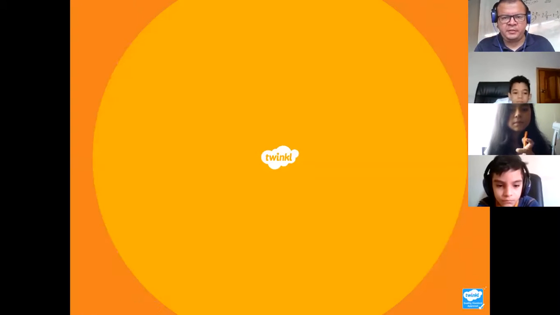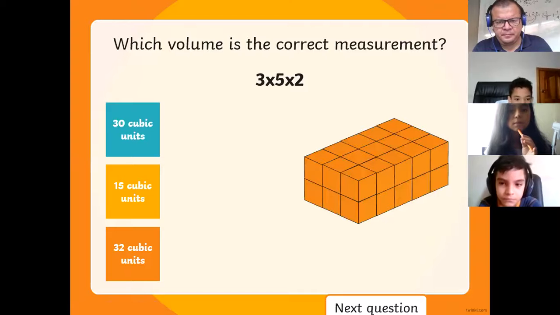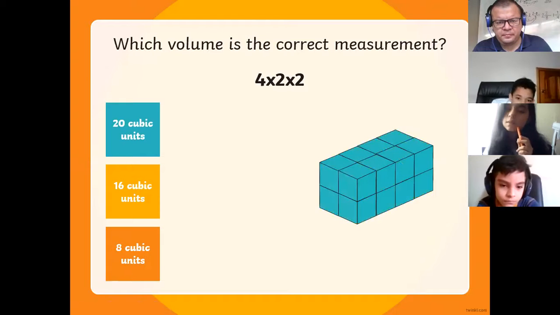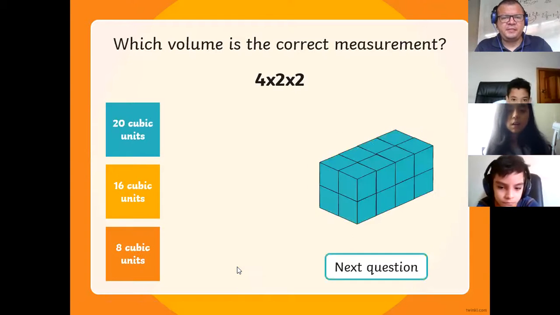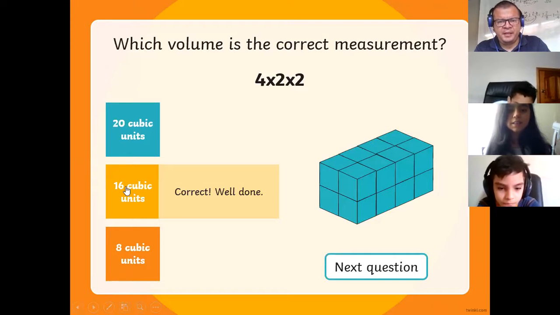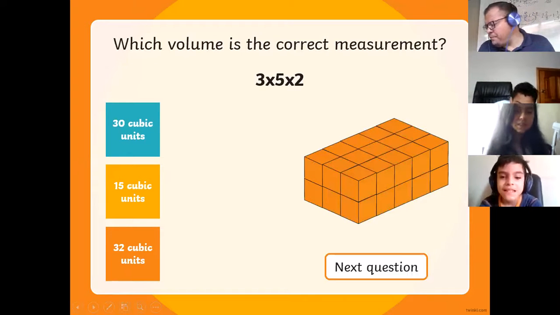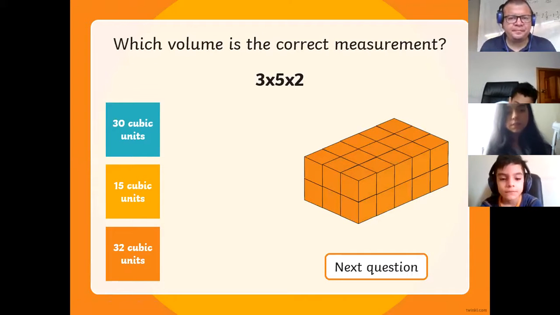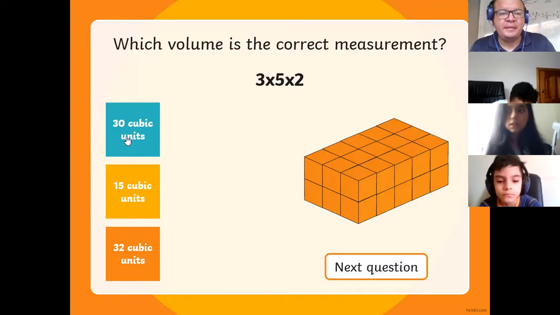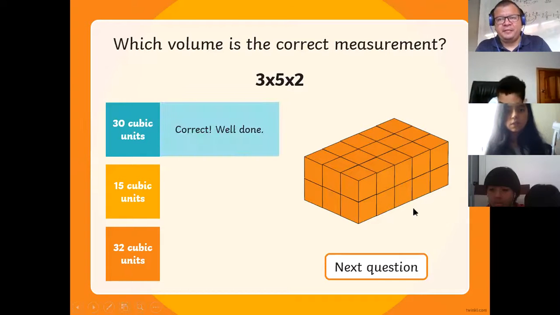Whoa, I don't know what I did. It's 16 cubic units. This one. 3 times 5 times 2. It's 30.